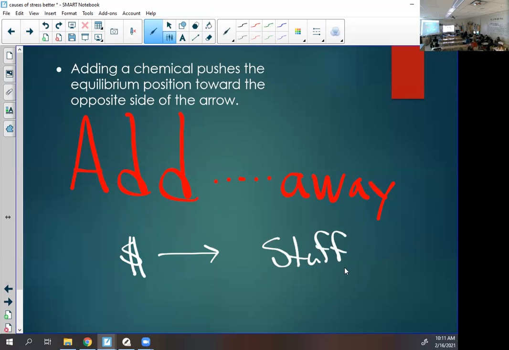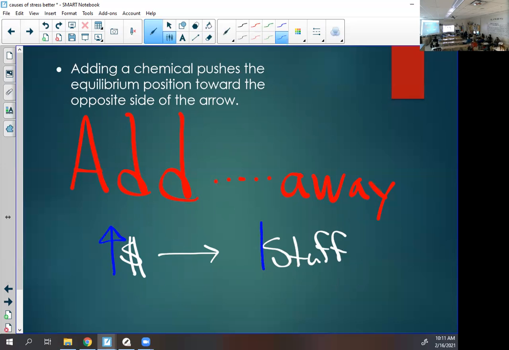All right, so let's pretend we have this simple equation in our life. I have money, which I use to buy stuff. I do that all the time. I take my money and use it to buy stuff. So let's think about it. If I got more money, what am I probably going to do?